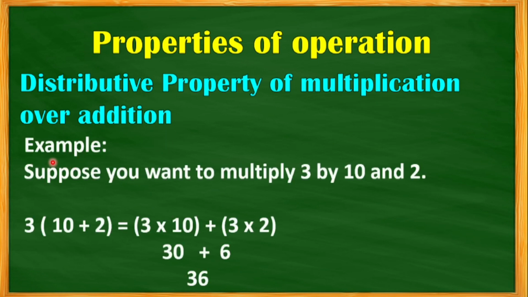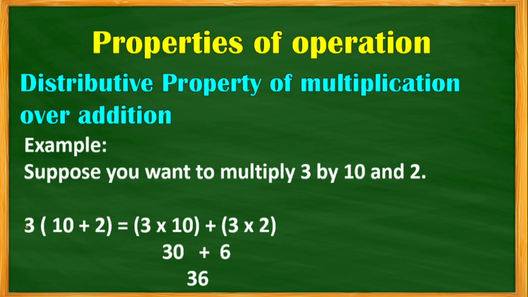So I have here some examples. Suppose you want to multiply 3 by 10 and 2. So this would be the equation. Again, equation, it involves equal sign. So this would be the expression 3 multiplied by the quantity of 10 plus 2. We can express this as 3 multiplied by 10 plus 3 multiplied by 2.